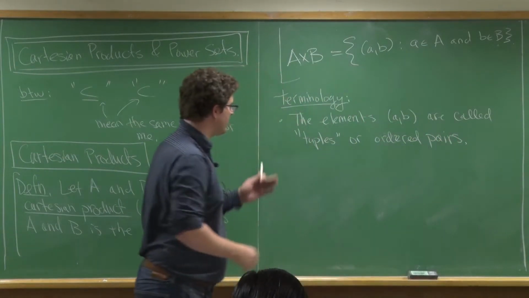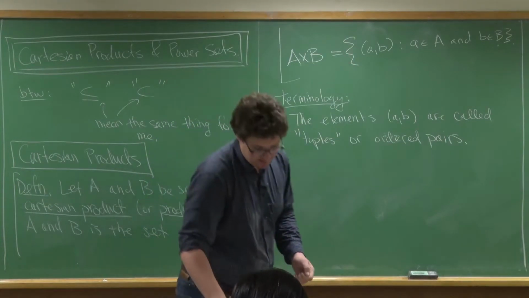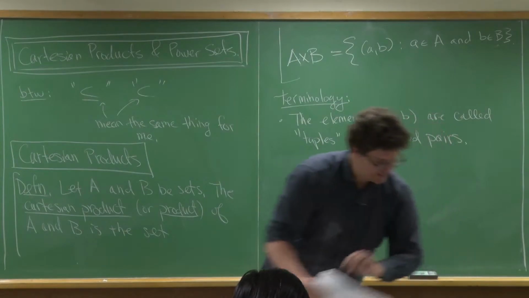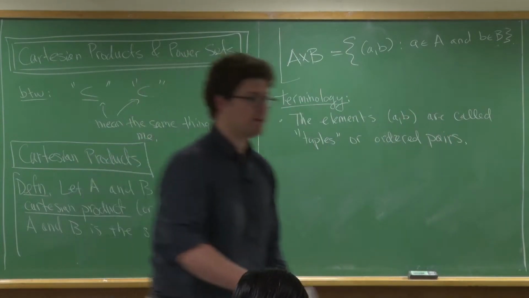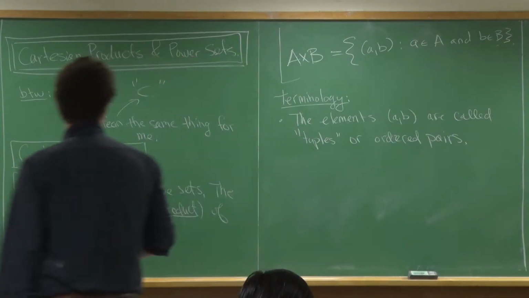So here the order matters. (a, b) is not the same thing as (b, a). So those things are called tuples.